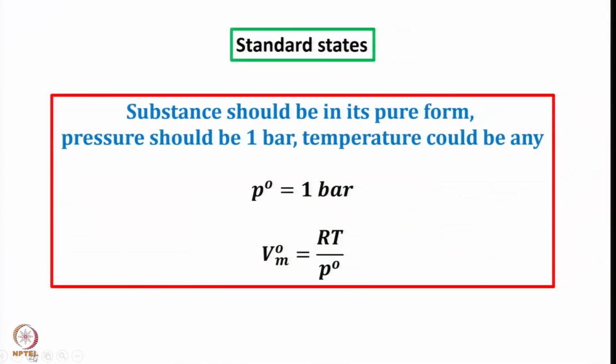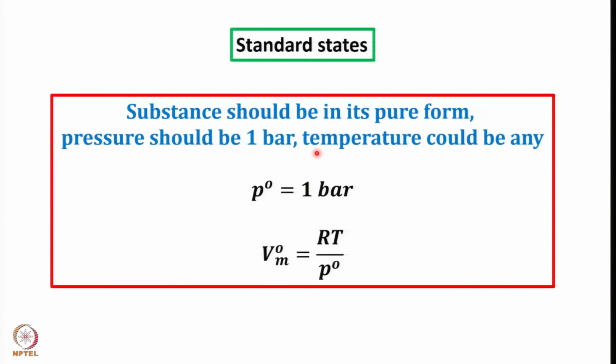The substance should be in its pure form, and pressure should be 1 bar. That is the latest recommendation of IUPAC. What is a standard state? The substance should be in its pure form. Pressure should be 1 bar. This is very important. Temperature can be any. There is no fixation of temperature. You can have standard state conditions at any temperature.